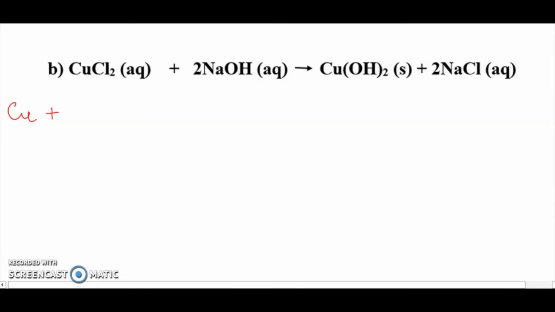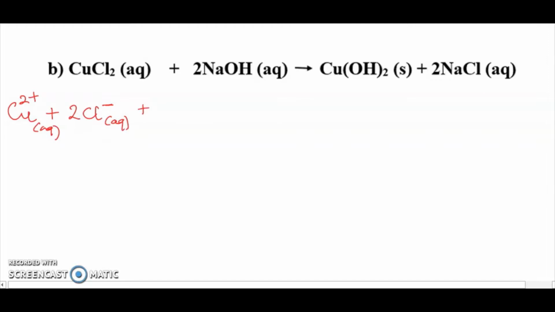Take note, here we have 2 chlorine atoms, so we're going to have 2 chloride ions, and the total charge would be 2 times -1, that's -2. So what charge should be on the metal copper, so that it cancels out the -2 charge on the chloride ions? So we should have +2. Good. Aqueous.